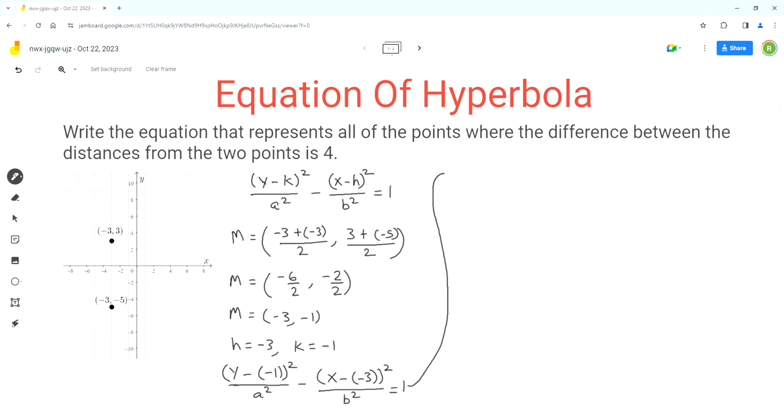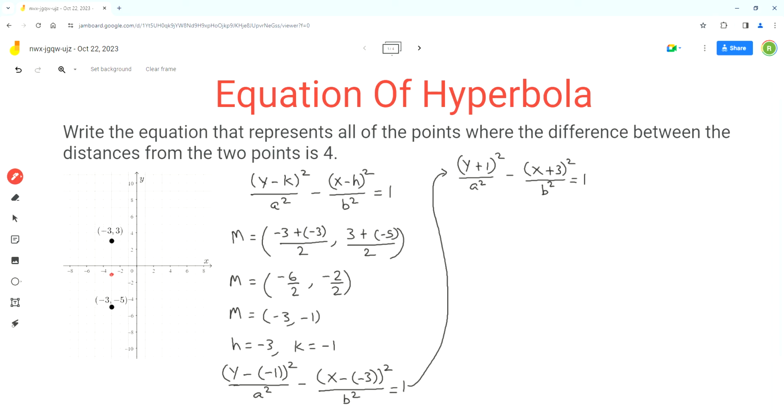And now we can simplify this equation. So (y plus 1) squared over a squared minus (x plus 3) squared over b squared equals 1. So the center of this hyperbola can be shown here as this red point.